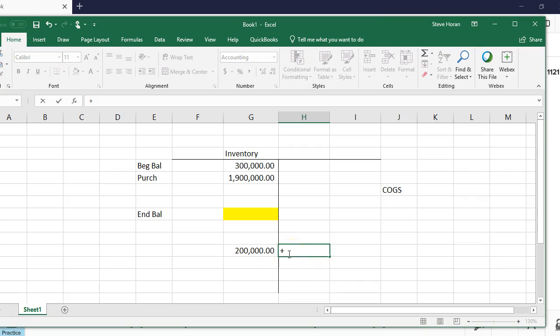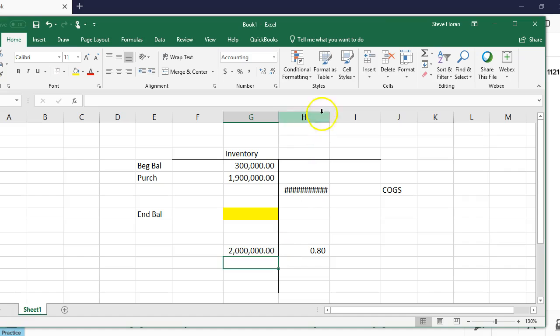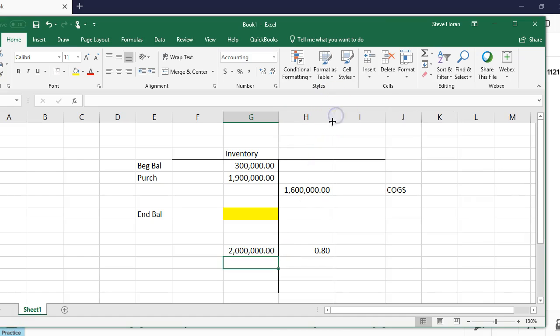So I'm going to take in this next cell, go 1 minus the gross profit margin, which gets 0.8. And I'm just going to take up here, multiply these two numbers by each other. So sales times 1 minus gross profit. And that gets me 100, and actually it should be 2 million. There we go. And then this gets me to 1,600,000.